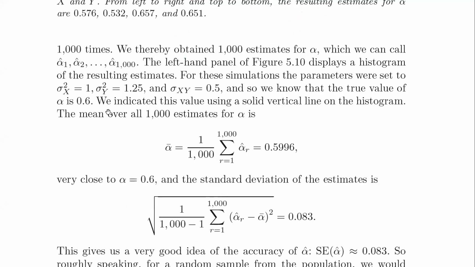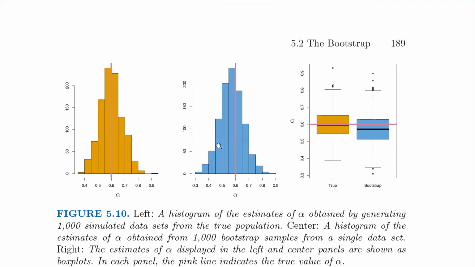So for these simulations, again, authors playing God, the parameters were set to these. So we know that the true value of alpha is 0.6. We can just evaluate that. We indicated this value using a solid vertical line on the histogram. Okay.